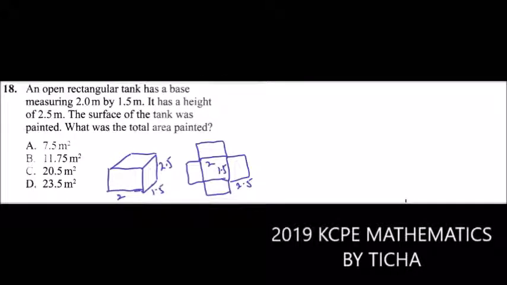So to get the area that was painted, we can get the area of the base. So the area of the base is 2 multiplied by 1.5. That is the base.